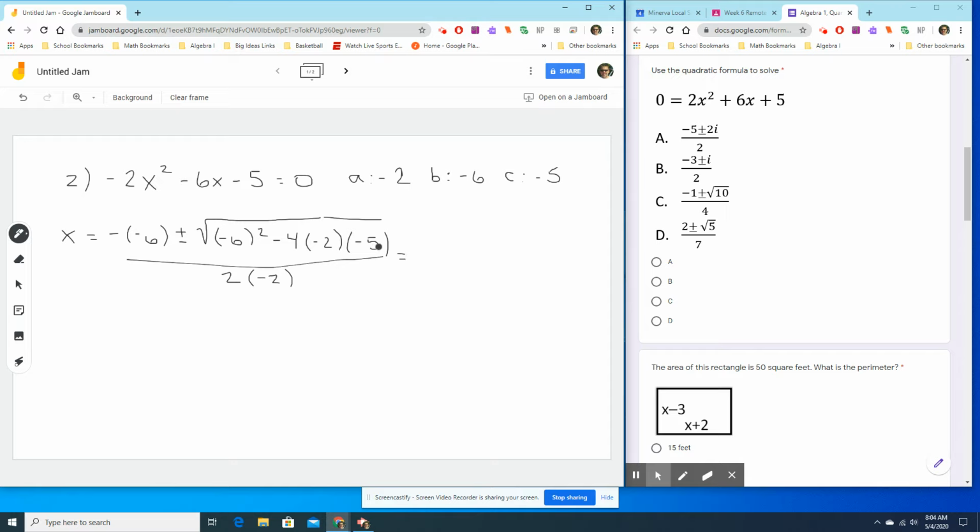Alright, and then we got some simplifying here to do, so we get -6 plus or minus the square root of 36 and -40. So 36, -40, -4.